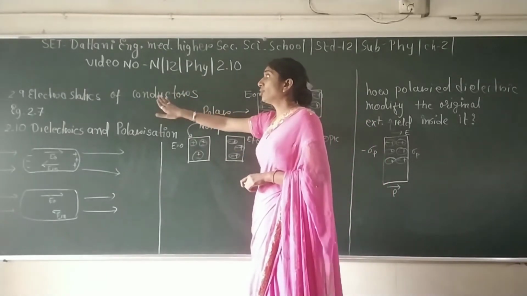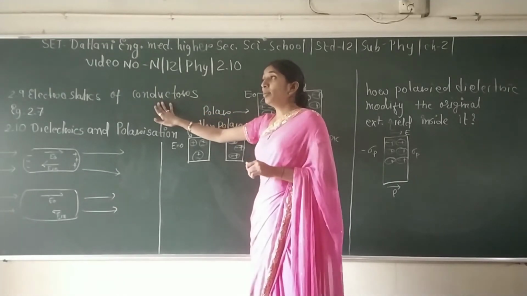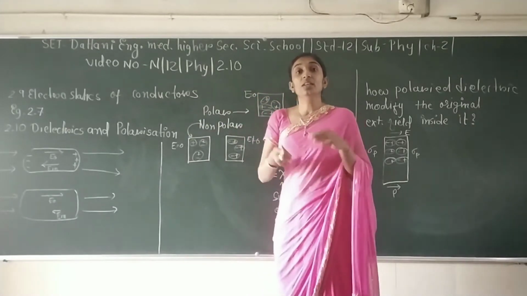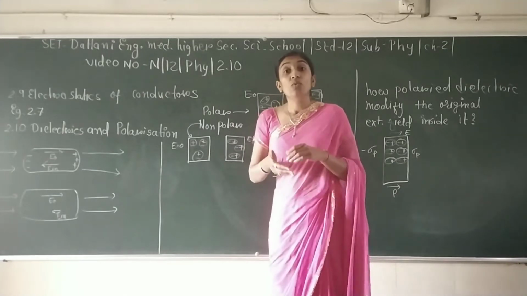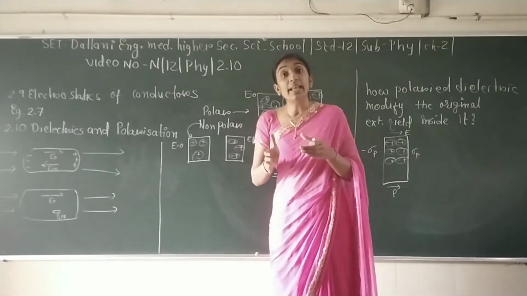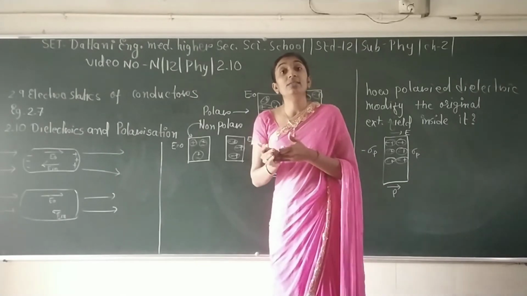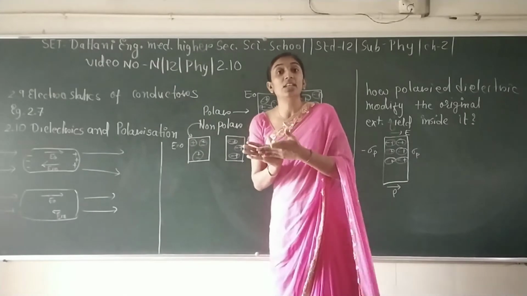Electrostatics of conductors basically shows that any conductor has free charges. So whenever an external field is acting on it, the free electrons present in the conductor align themselves opposite to the direction of the external electric field.